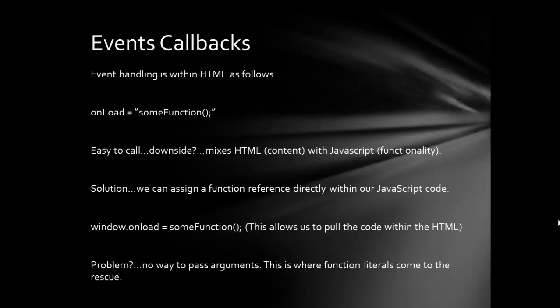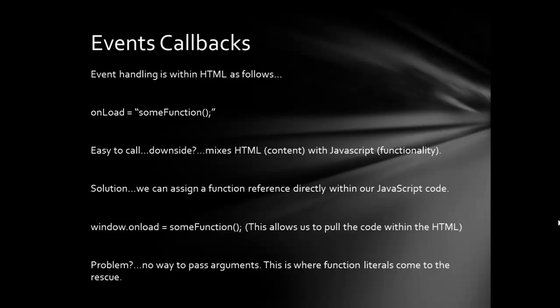There is a solution to this problem. The way we solve that dilemma is we do a function reference directly within our JavaScript code. For example, I have the onload equals some function, which goes in the body tag, by the way. Instead of putting that in there, I can create in my JavaScript code a call to window.onload, because the onload event is a property of the window.